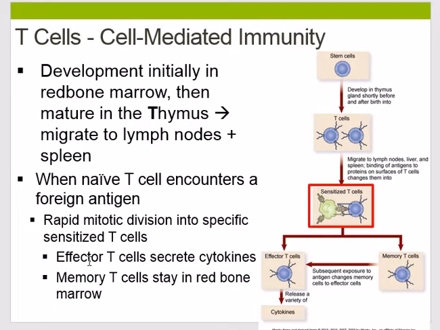Effector T cells are going to secrete a variety of different cytokines, and memory T cells are going to do just like memory B cells did, remaining in the body until they're needed. When they encounter another antigen, they recognize it, then they stimulate the production of more effector T cells and more memory T cells when this is needed.